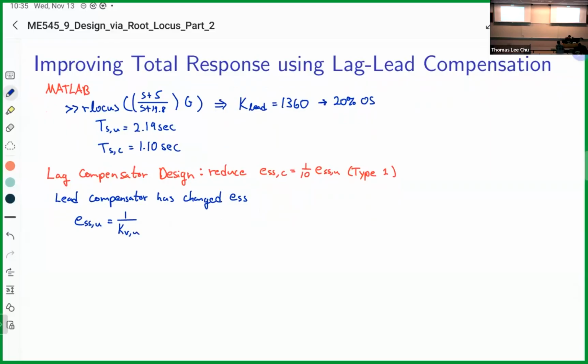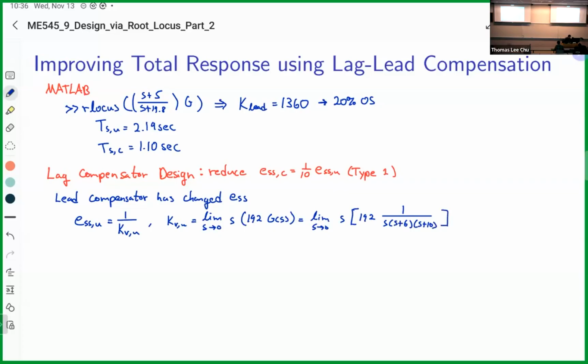This is the constant for ramp input, where KVU is equal to the limit as S goes to 0 of S times our K times G of S, which is 192 times G of S. Which is equal to the limit as S goes to 0 of S times 192 multiplied by 1 over S times S plus 6 times S plus 10.